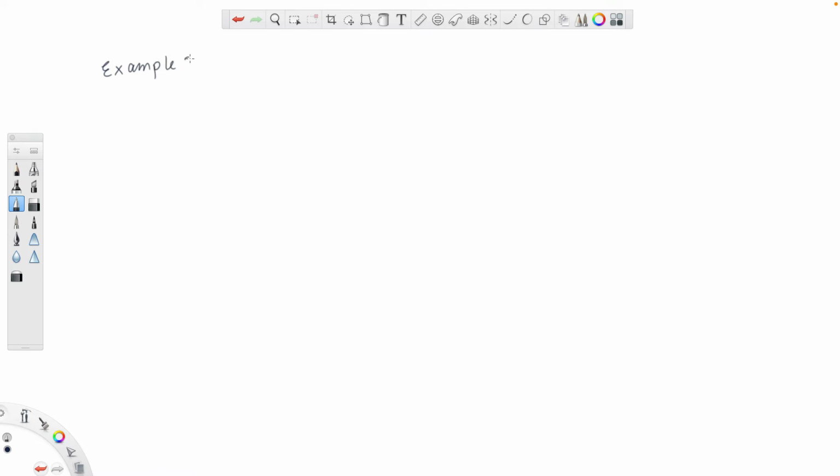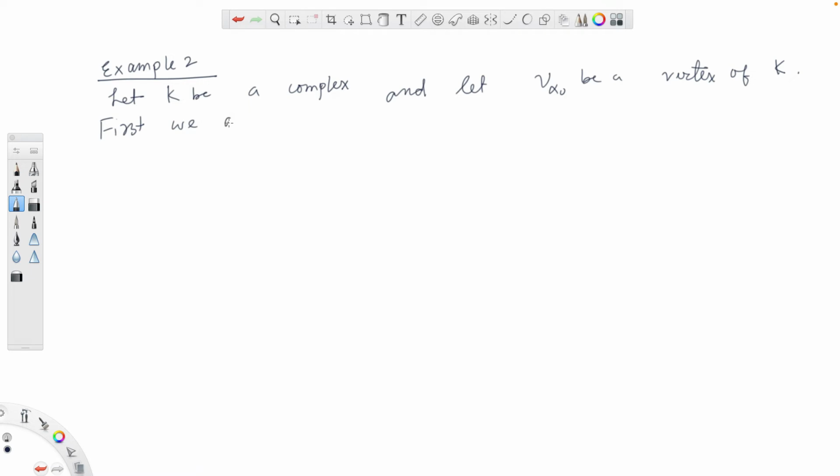Example 2, where we let K be any complex, and let v sub alpha 0 be a vertex of the complex K. First, we are interested in forming the relative homology group of K modulo v sub alpha 0 in dimension 0. Okay, this is what we are interested in.